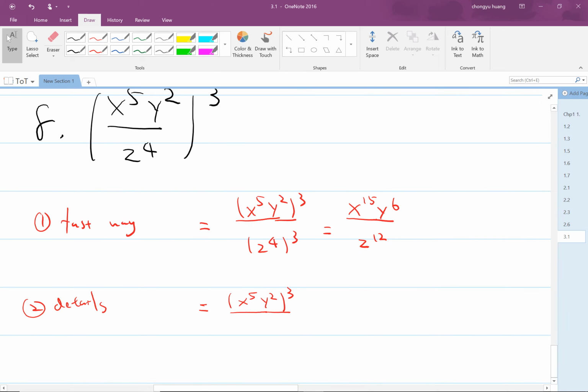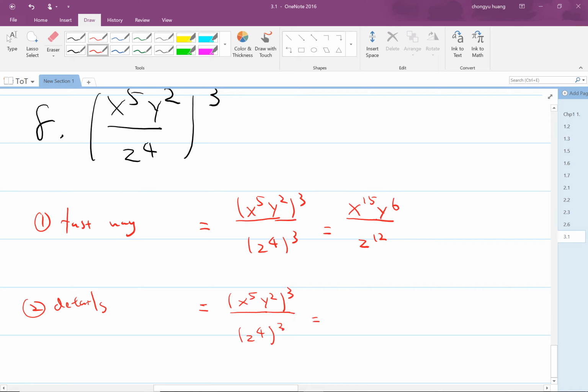So we have x to the power 5, y to the power 2, z to the power 3, and then on the bottom we have z to the power 4, bracket, to the power 3.